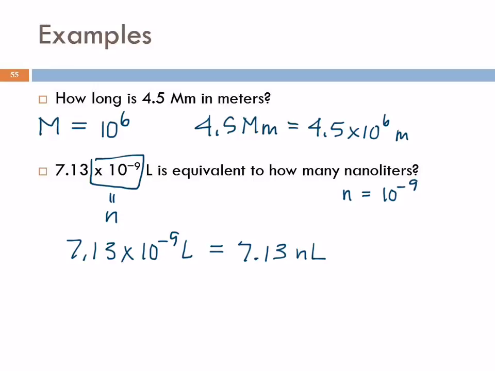Because the number would end up being ridiculously small. But if I'm measuring the distance between Fresno and San Francisco, I don't want to measure that in inches because that number is going to be too large. So it's convenient to have units of different sizes. The metric system uses prefixes to change the size of the units to make them convenient. Any questions?